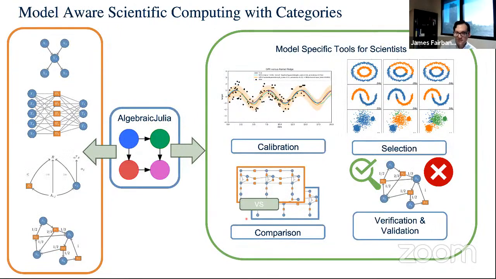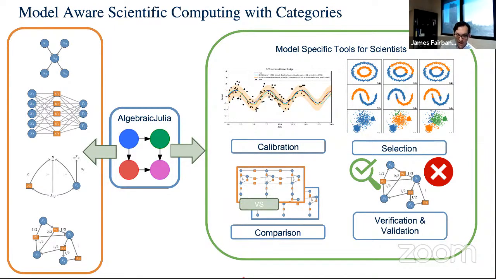And we want to build tools where there's this problem where different modeling types, be it probabilistic models, mechanistic models, machine learning models, optimization models, they all have their own tasks you have to do. Calibration, selection, comparison, verification, validation. There's kind of this n-squared problem where for every modeling framework, I have to implement all the modeling tasks.